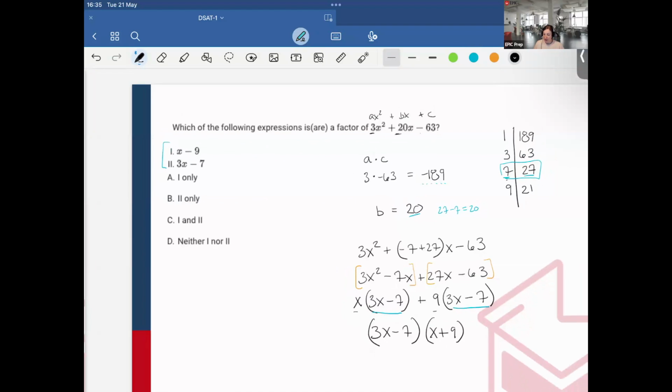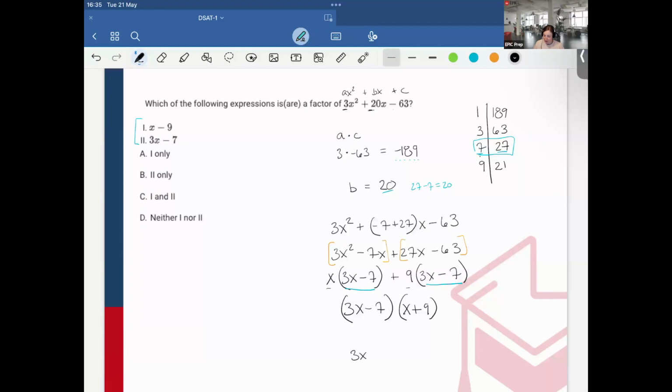And if I expand that, I can see that will give me 3x squared plus 27x minus 7x minus 63, which will become what we have above here. So I found my correct factored expression, 3x minus 7 and x plus 9. So 1 doesn't work, it's only 2, and that's the answer.